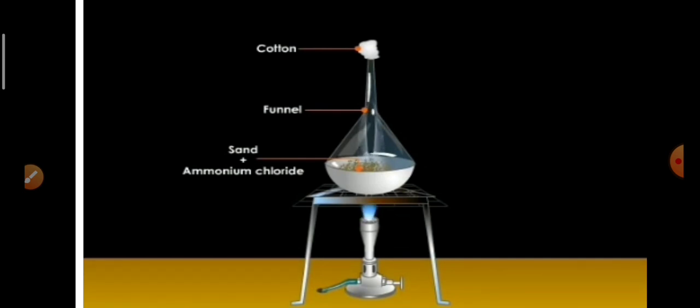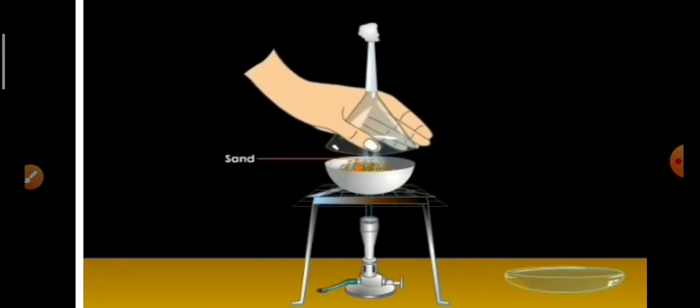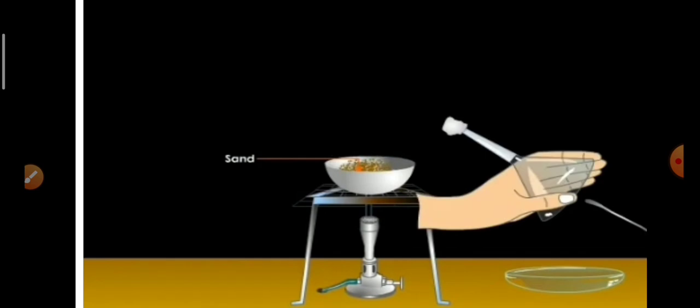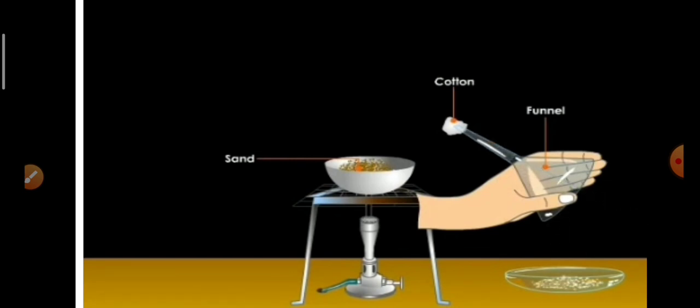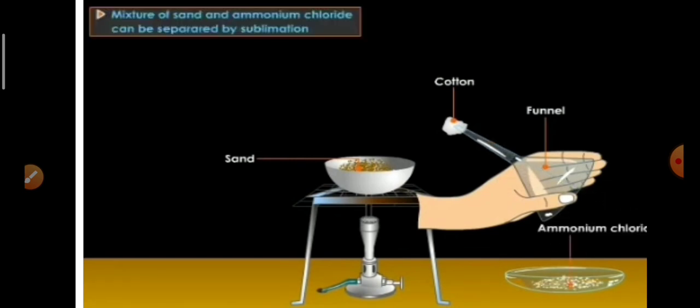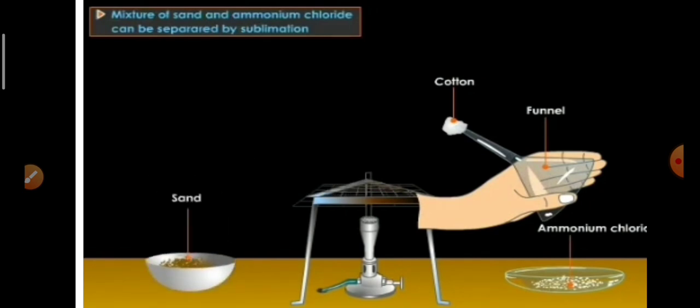Ammonium chloride, as a sublimable substance, changes into vapor and gets condensed at the cooler sides of the funnel. The non-sublimable substance remains behind in the china dish. Clean the ammonium chloride from the inner walls of the funnel. This mixture of sand and ammonium chloride can be separated by sublimation.